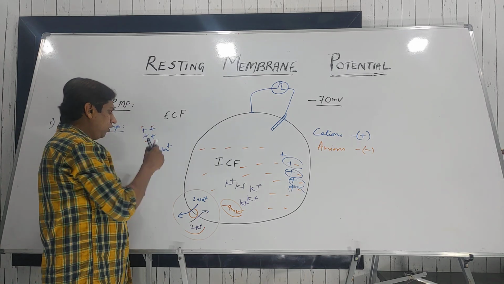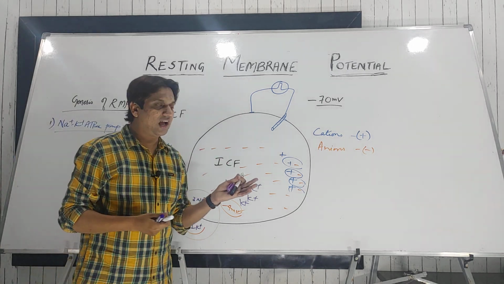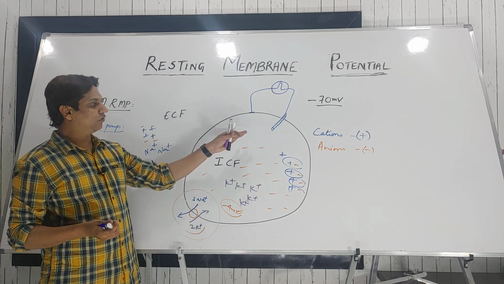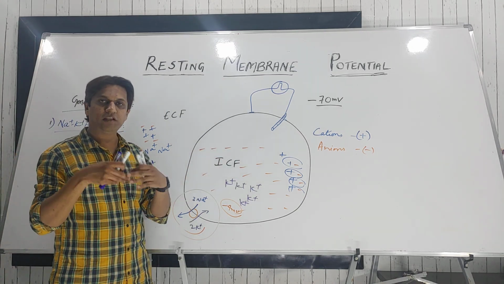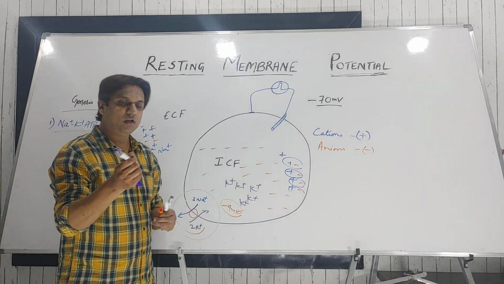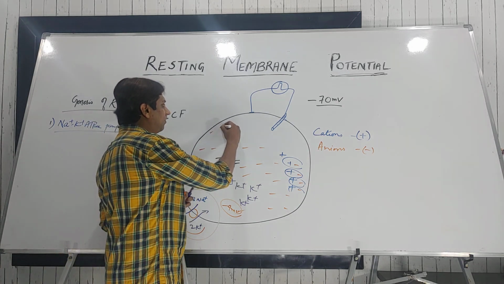But a few extra cations or anions which are not neutralized by their opposite charge come and remain near the cell membrane.